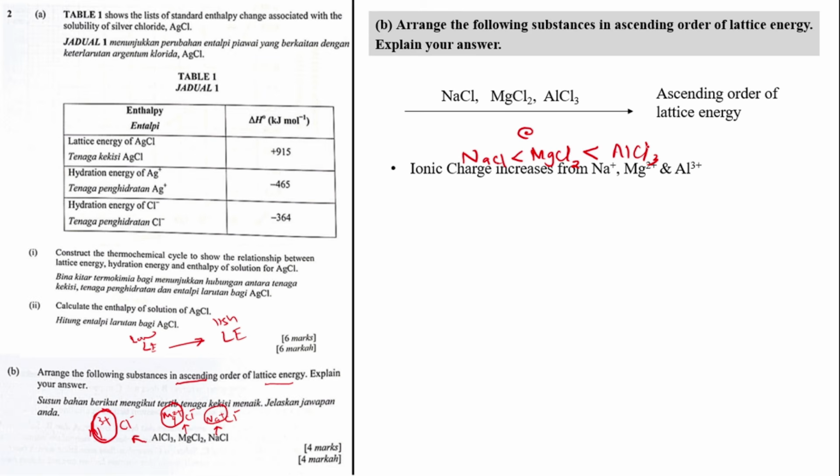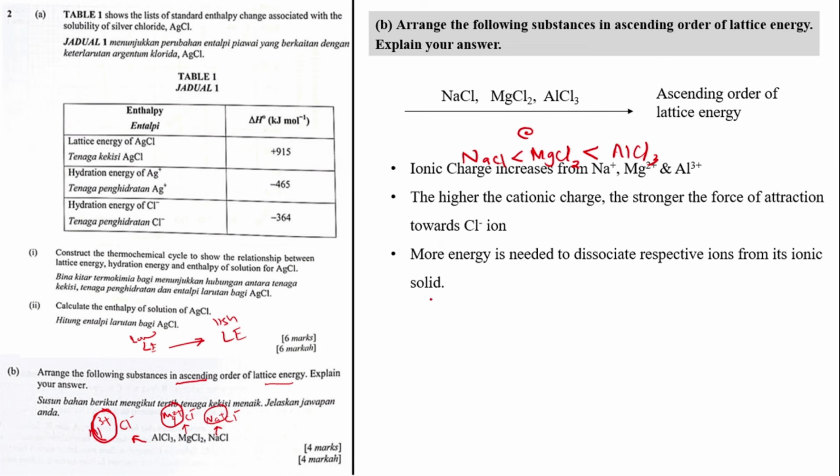So the reason is, first, the ionic charge increases from Na plus, Mg2 plus, and Al3 plus. So when the ionic charge increases, the stronger force of attraction is experienced in AlCl3 towards the Cl minus ion.